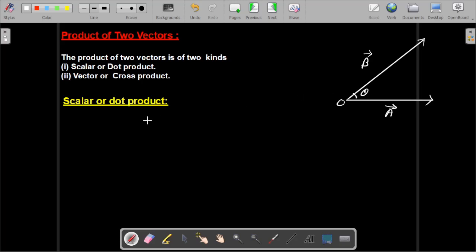Now the dot product is expressed like this. Take two given vectors and put one dot sign between them. The meaning of this is the dot product: the normal multiplication of the value of vector A and the value of vector B, and then the cos relation between them.